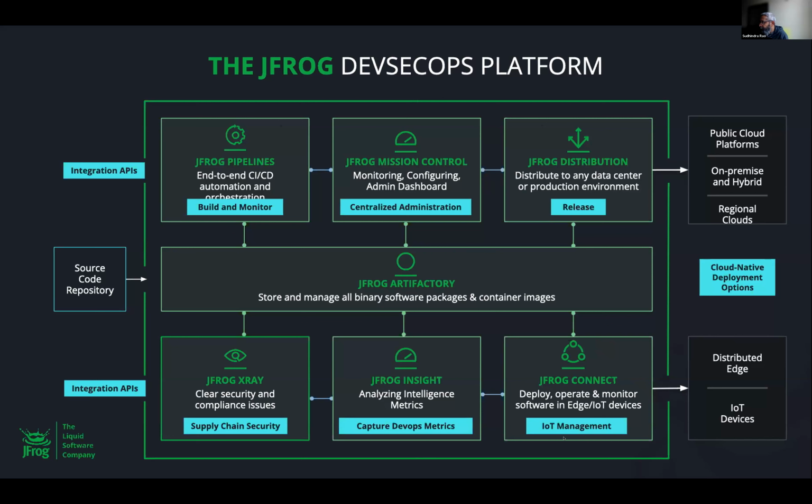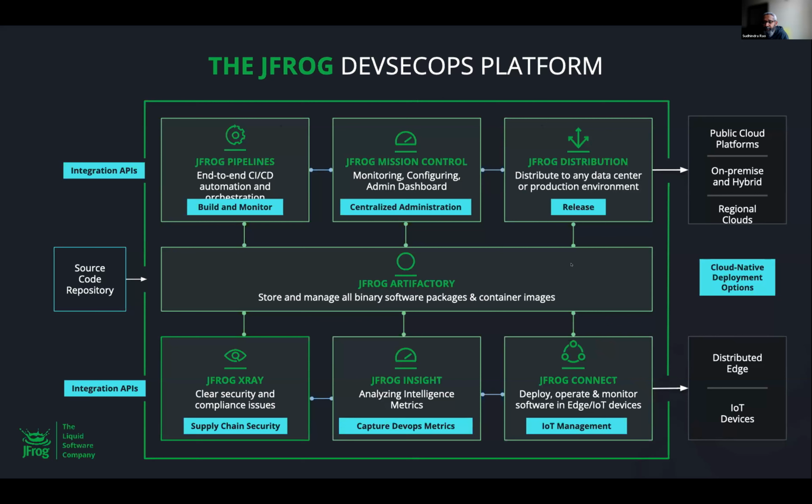JFrog Connect is our IoT story, in terms of deploying, operating, and monitoring software on edge IoT devices. But from this webinar's perspective, we are going to be touching Artifactory, Xray, JFrog Pipelines, and JFrog Distribution. JFrog Distribution is our answer for distributing artifacts securely from lower environments to higher environments.